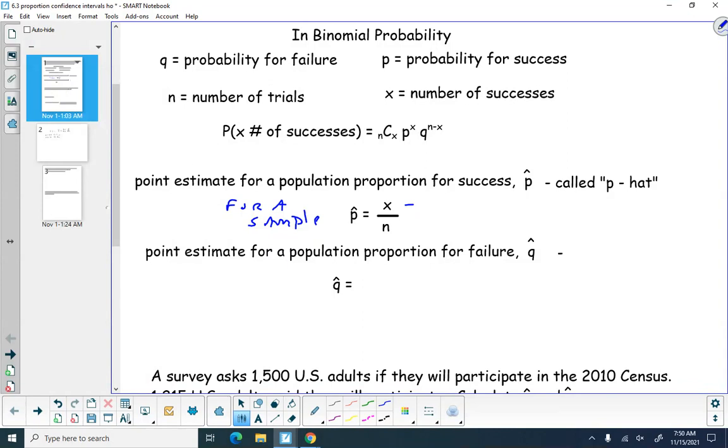So I would do a sample of this room, and the number of people would be the total number of people I have in this room, which is 23 people. That would be my n value. The number of people that actually ate breakfast this morning would be your number of successes. Okay, and that would be a sample for just this room. But then we can utilize our percentages and say, what would it be for the entire school?